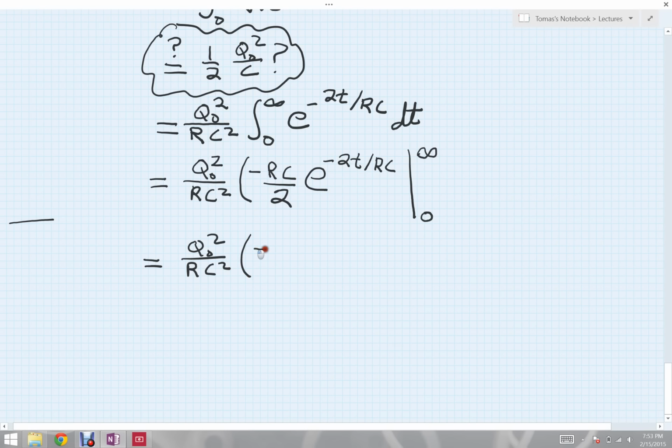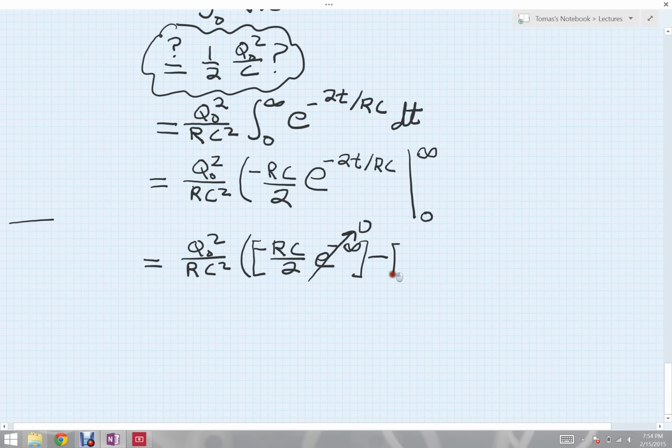So when we stick in that thing at infinity, we'll get minus RC divided by 2 times e to the minus infinity. But of course, e to the minus infinity is 0. So that term doesn't do anything for us. Then I get minus the next term when I stick in the 0. So remember, you put in the first term, I'll put that in square brackets.